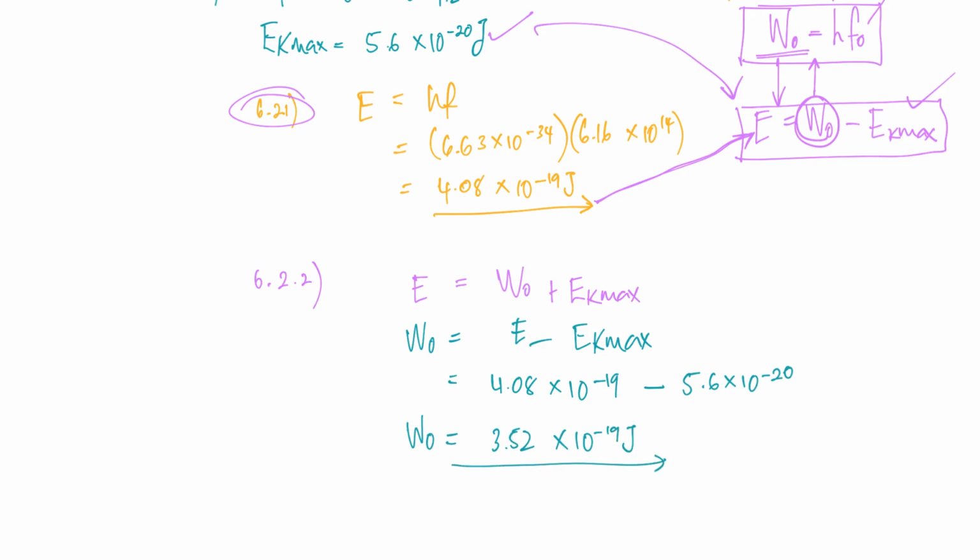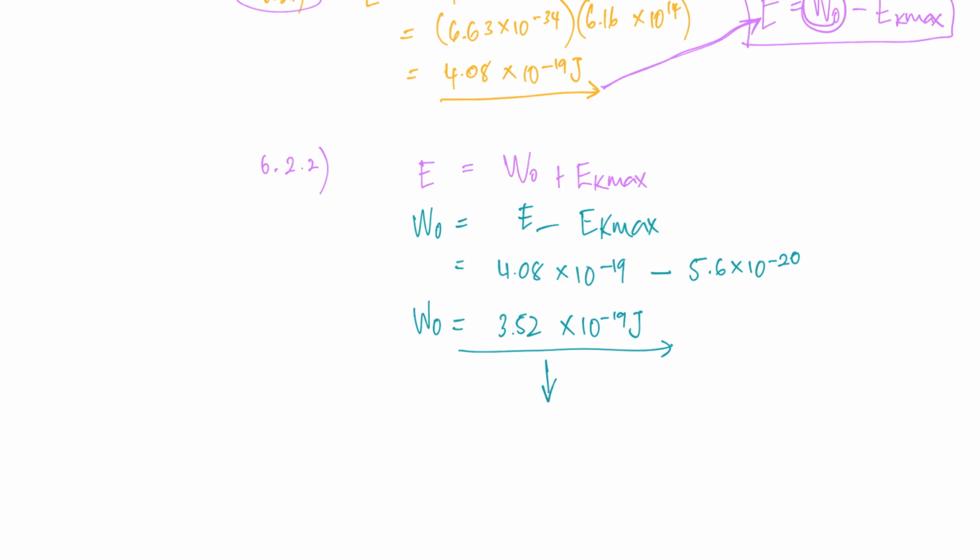Great. I'm going to take that information and go W0 is equal to hf0, where W0 is 3.52 times 10 to the power of negative 19, equal to 6.63 times 10 to the power of negative 34 f0.